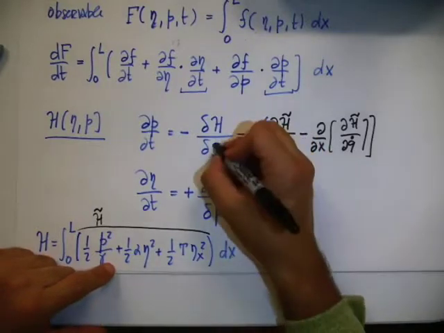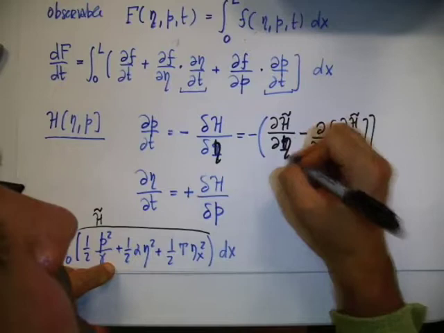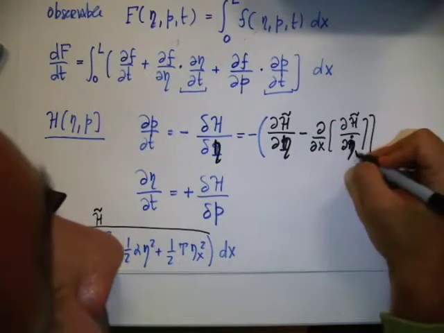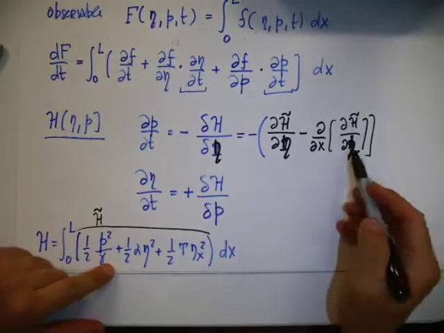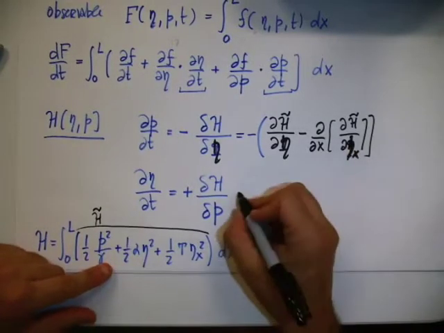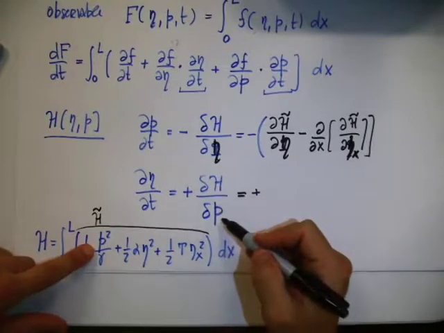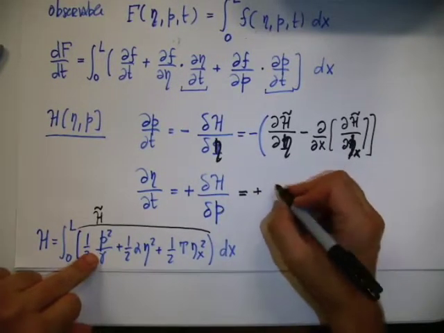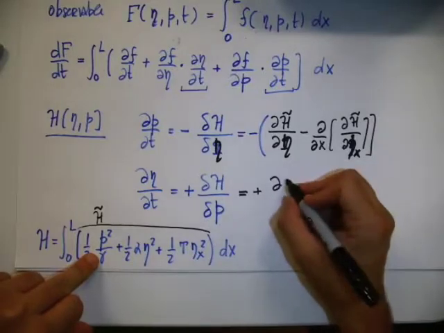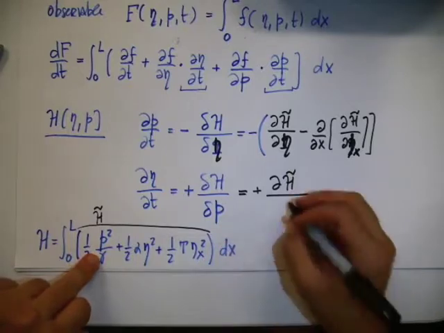Here the q is eta. Instead, when we take the variational derivative with respect to p, the only dependence appears in the kinetic part, and so we simply have plus the partial derivative of h tilde with respect to p.